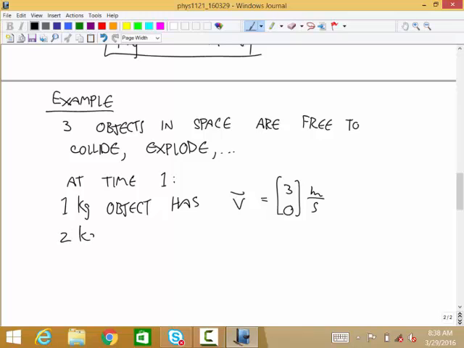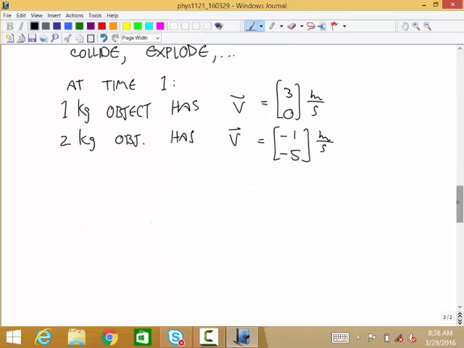A 2 kilogram object has a velocity equal to -1, -5 meters per second. And a 3 kilogram object has a velocity equal to -2, 0.